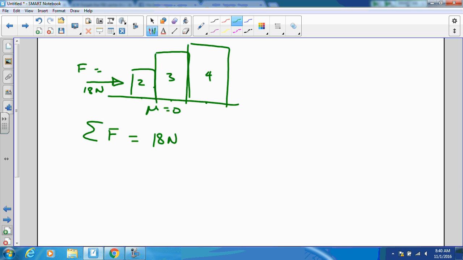I do not have to worry about forces internal to the system. And so that is equal to 9 times A, and the acceleration of the whole system is 2 meters per second squared.